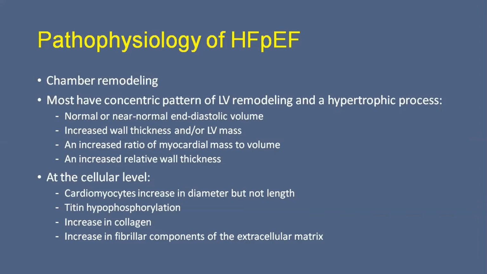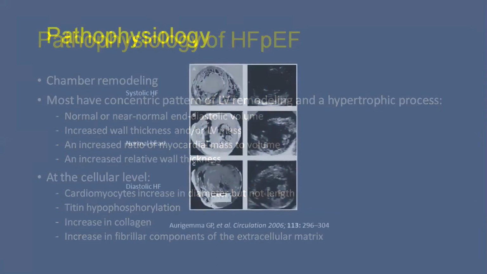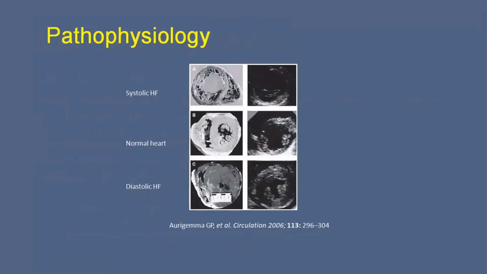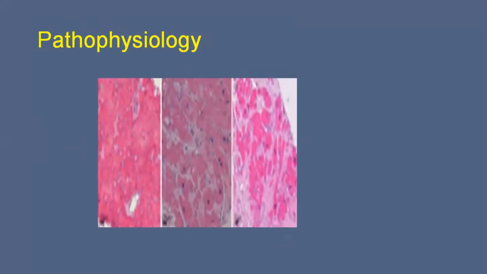The cardiomyocytes increase in diameter but not in length. That is titin hypophosphorylation, the latest finding. There is an increase in collagen and in fibrillar components of the extracellular matrix. This is the pathophysiology, how it occurs in systolic heart failure, normal heart, and diastolic heart failure. This is how the microscopic picture appears.